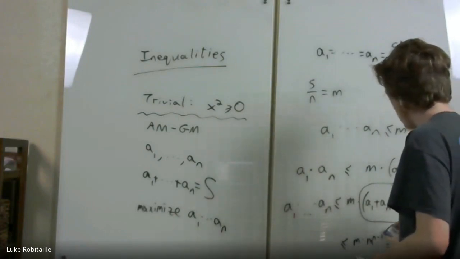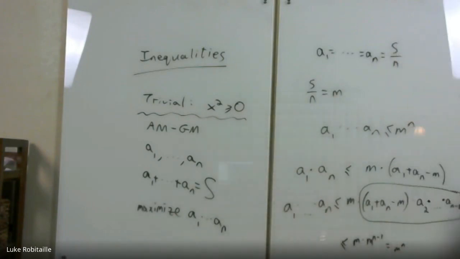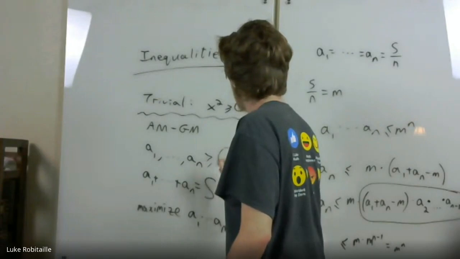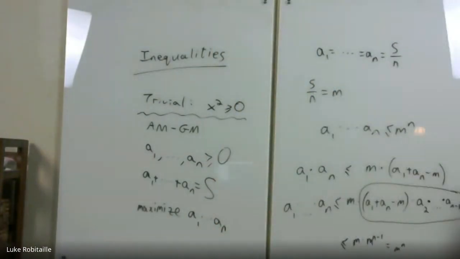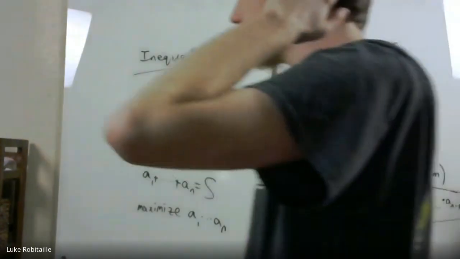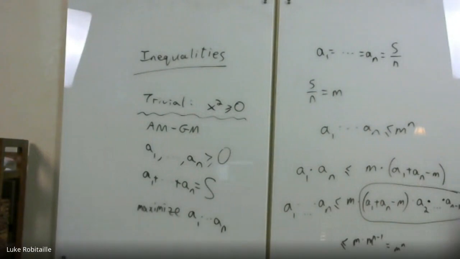So basically, what you can think of this as happening is, when you have a bunch of non-negative real numbers, I should have noted that here, and you want to maximize their product, if you fix their sum, then maximizing the product means making them all equal, because informally you can think of it as moving them closer together increases the product.